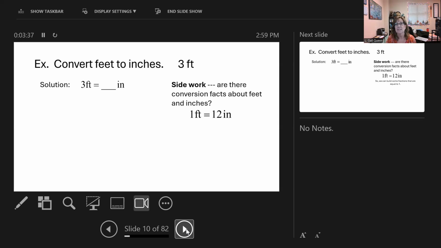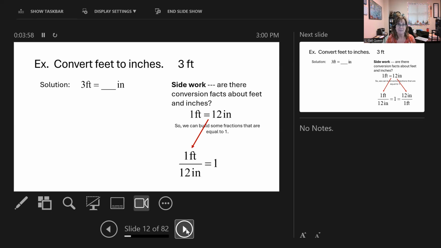That means I can build a fraction that is equivalent to 1 using these two quantities. For example, if I put 1 foot in the numerator and 12 inches in the denominator, that fraction is equivalent to 1 because the quantity in the numerator and the quantity in the denominator are equal to each other.